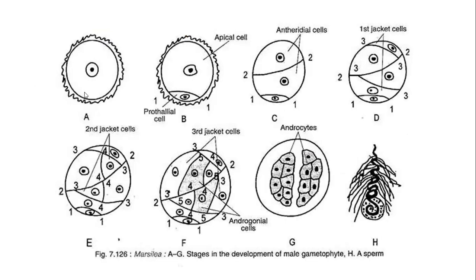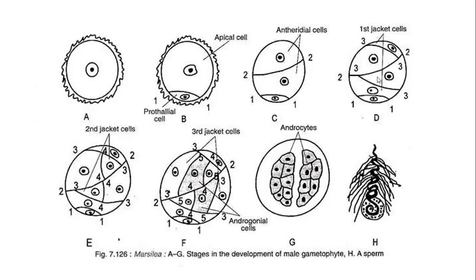So this is a single layer of the microspore. First, it undergoes one unequal division, forming one small prothalial cell and this large apical cell. The apical cell will divide further and transform into antheridial cells.